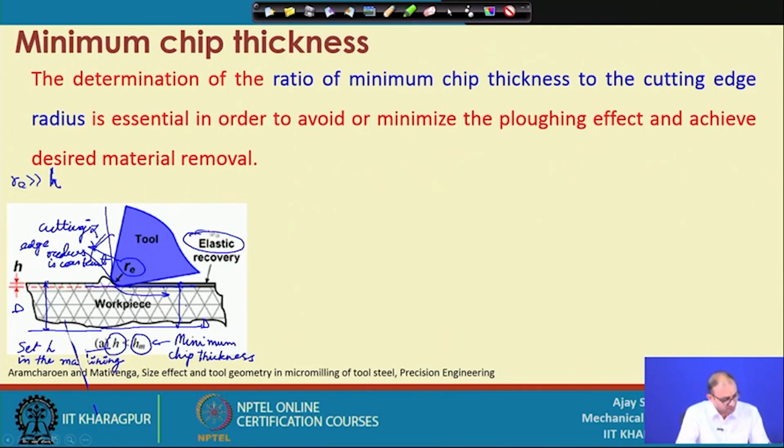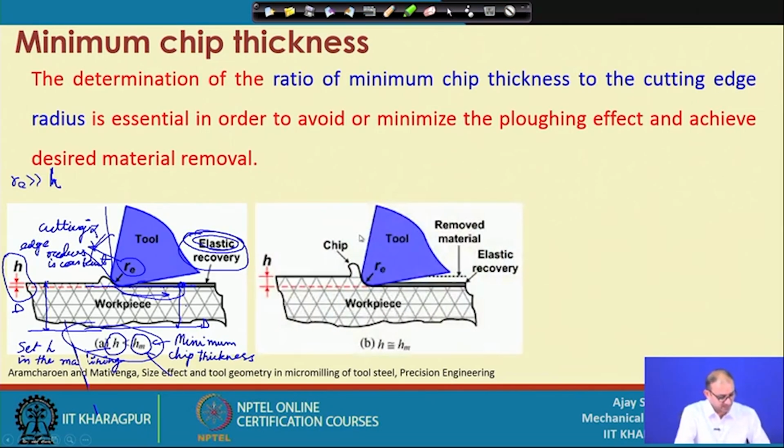Your minimum cut chip thickness is so low that the material is not crossing the elastic limit, and as soon as the tool passes through the workpiece, the material resurfaces at this location and recovers again. This is completely not acceptable in machining, because what is our objective? To remove the material.